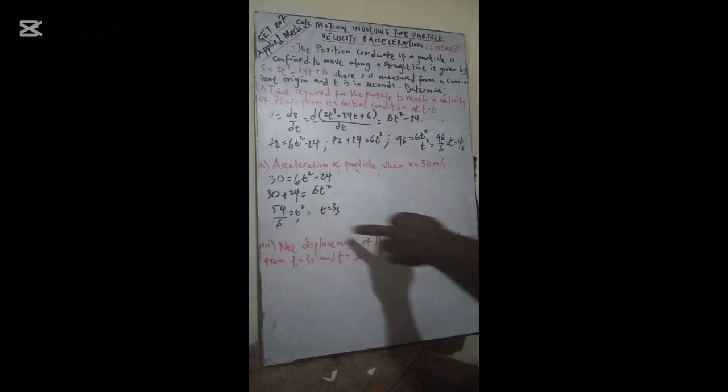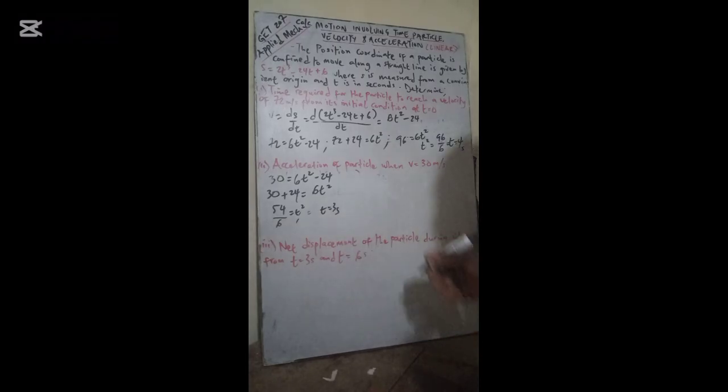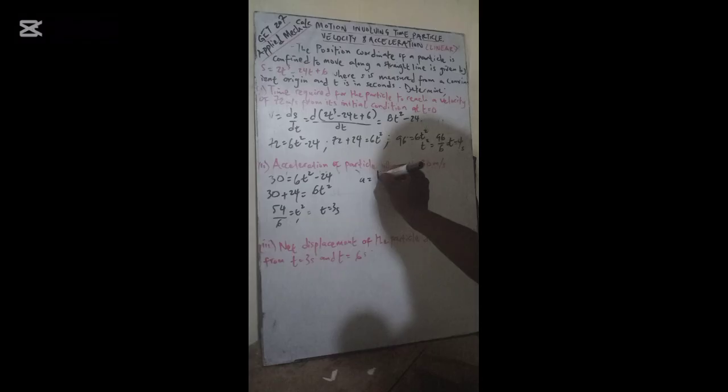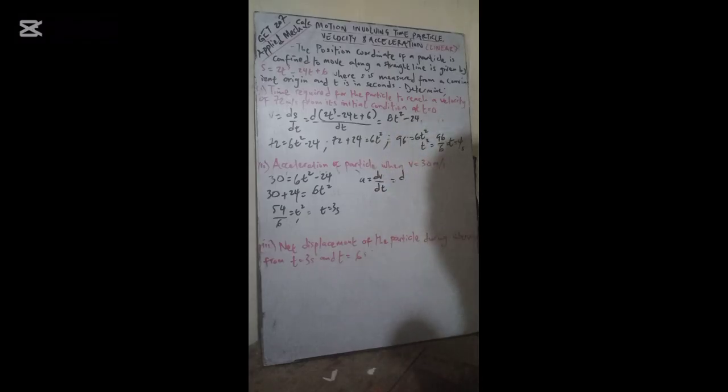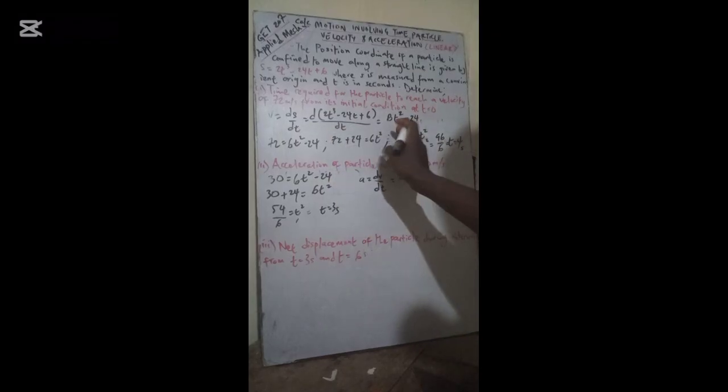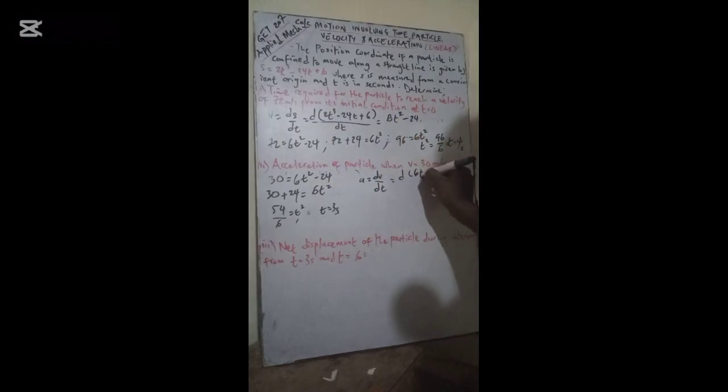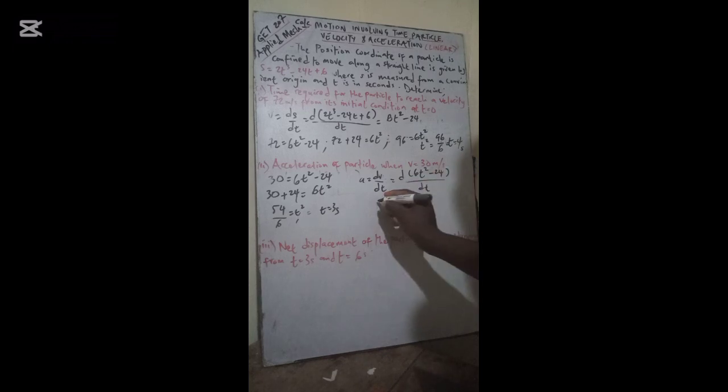So once we got our t now, we can look for acceleration. a is dv/dt, remember. And what is our v? This is our v here, remember. So 6t squared minus 24, over dt. When you differentiate this, what do you have?